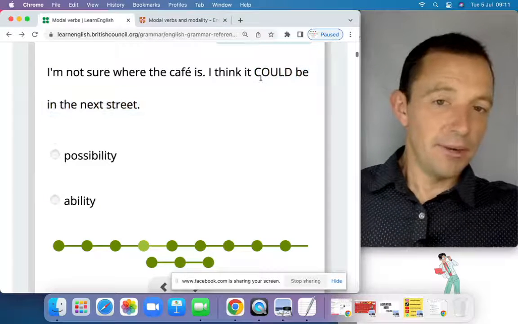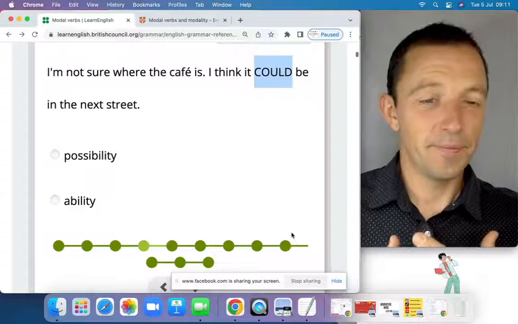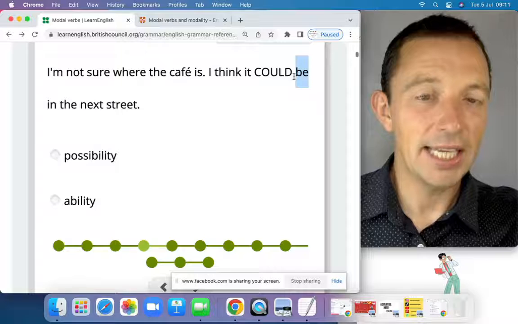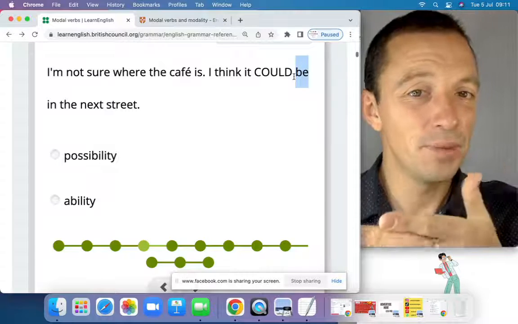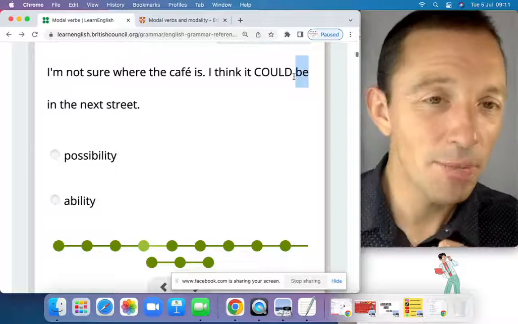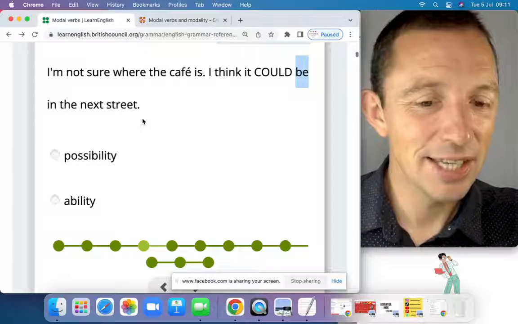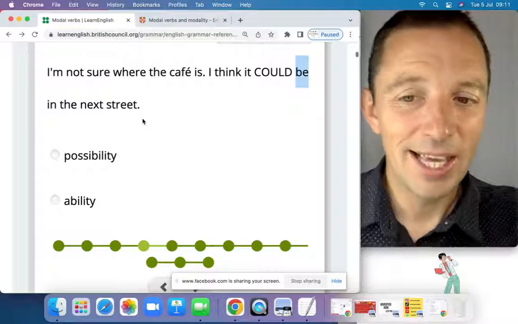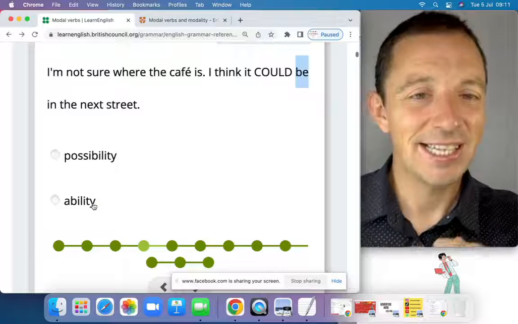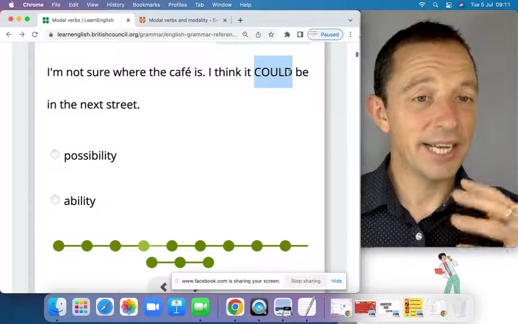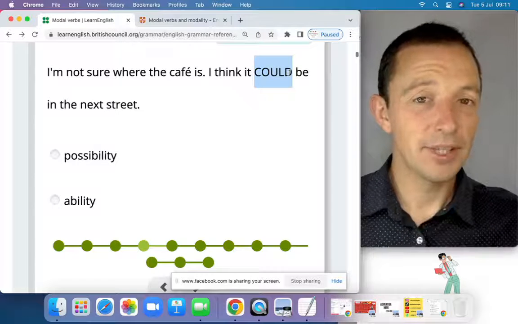The modal verb is could. The next verb is to be in the infinitive, removing to. So I'm not sure where the cafe is, I think it could be in the next street. Is this possibility or is this ability? For me, it's very clear. What do you think is the correct answer?